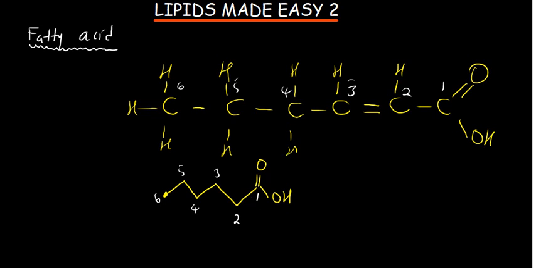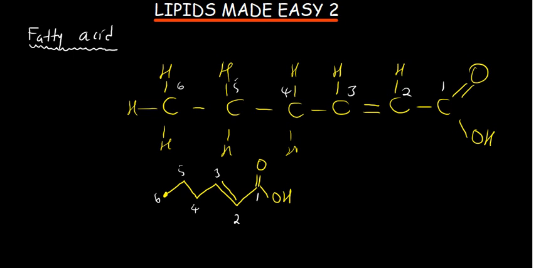Now you can see that between carbon 3 and carbon 2 we have got a double bond. So I'm supposed to put another line like this, meaning that we have got a double bond between those carbons. You are mostly going to see they've written a zigzag formula.